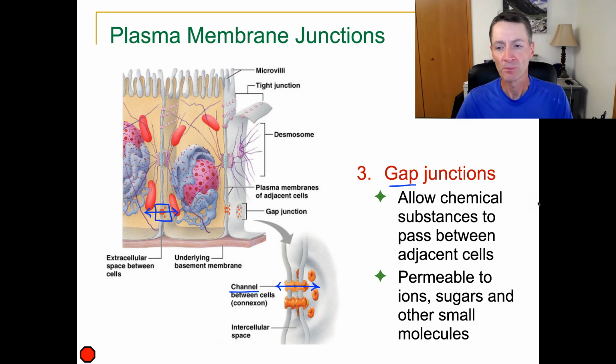This is kind of allowing for exchange between the cells that are neighboring one another. And these allow various small things to pass, not big molecules, but sugars and ions, your minerals and salts, right? Like sodium and chloride would be small because they're basically just a version of an atom there with or without an electron, right? So very small molecules can do this through the gap junctions, all right?